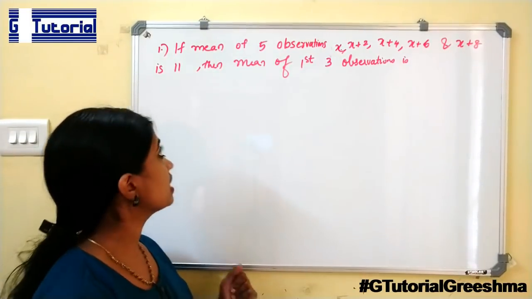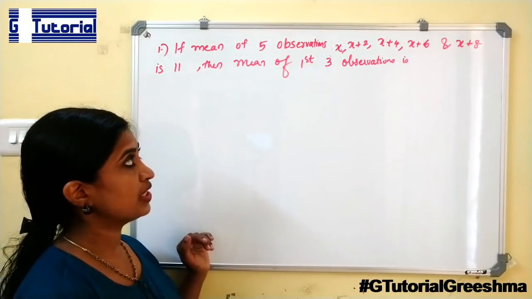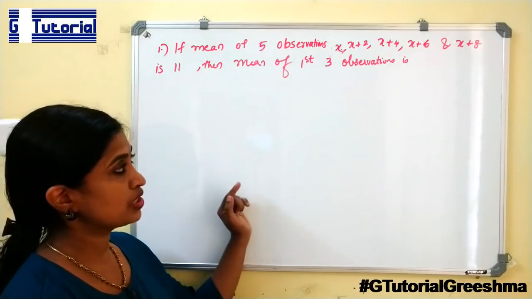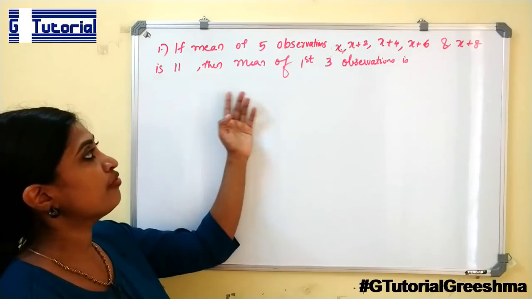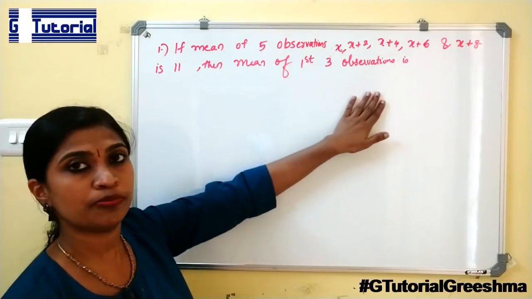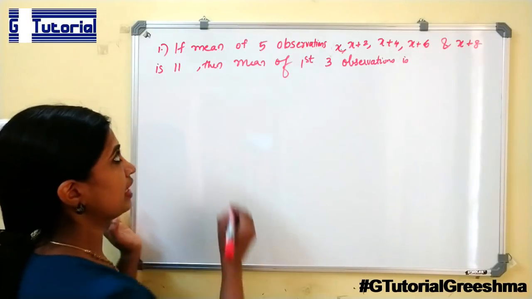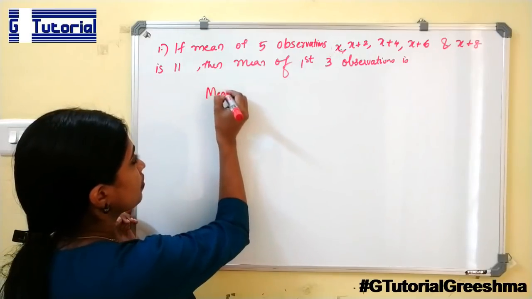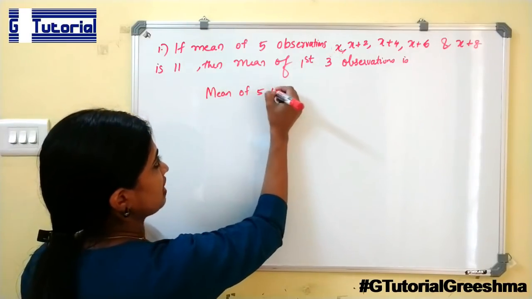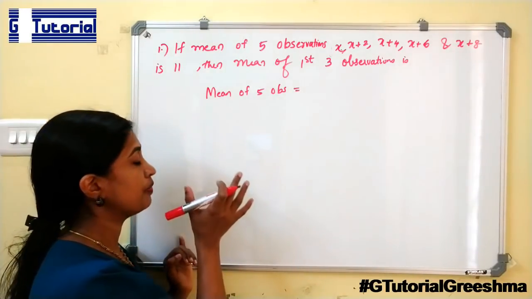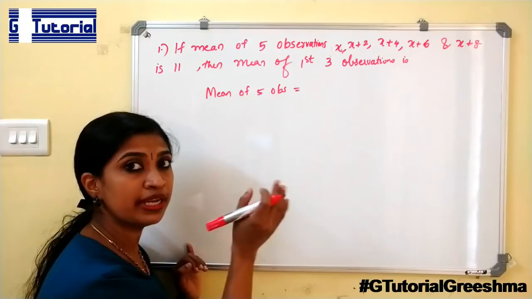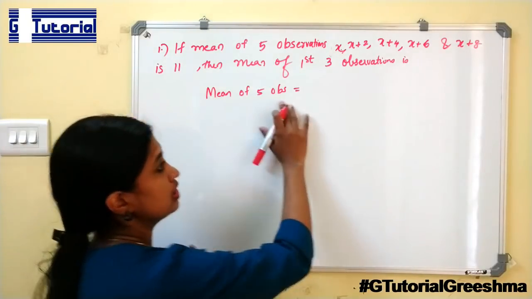This is the first question. If the mean of 5 observations x, x plus 2, x plus 4, x plus 6 and x plus 8 is 11, then find the mean of first 3 observations. Here it is given that mean of 5 observations is equal to sum of observations by number of observations.